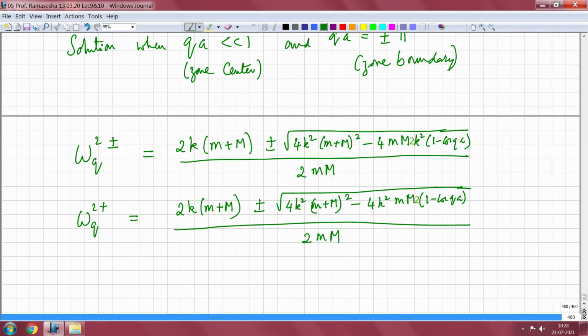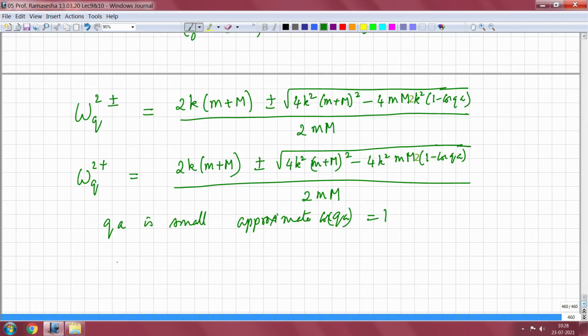And what we will do is, qa is small, so we approximate cos qa as equal to 1, and this is possible because I am taking the positive solution. When I am taking the positive solution, if I leave out something that is small on this side, it does not matter. But if it is a negative solution, because I am trying to take differences between two numbers, I cannot have an approximation of that kind. So for this one it is okay.